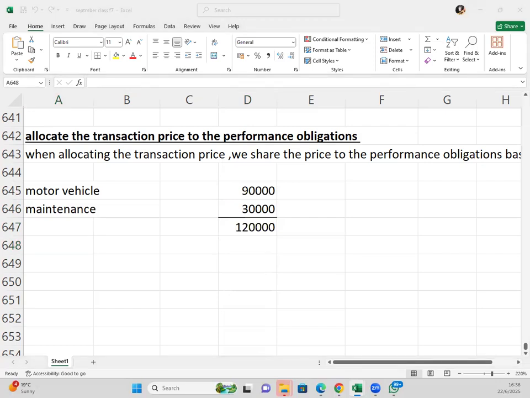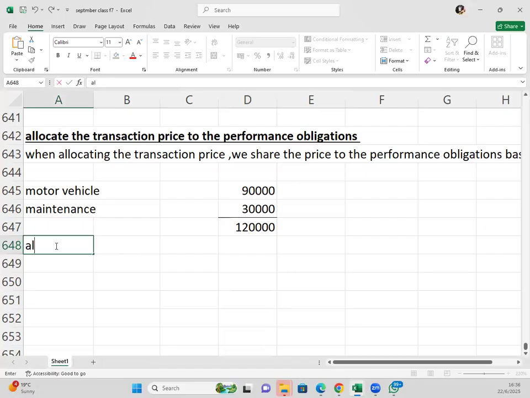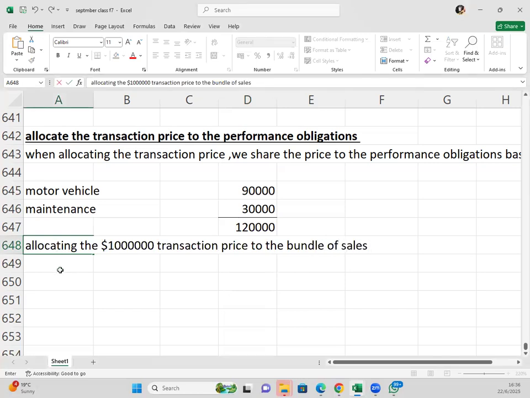For this bundle of sale, we are going to allocate the 100,000 transaction price.